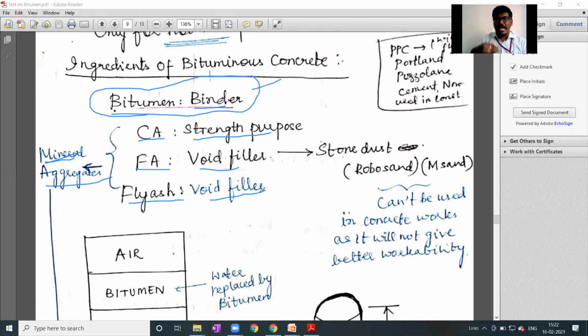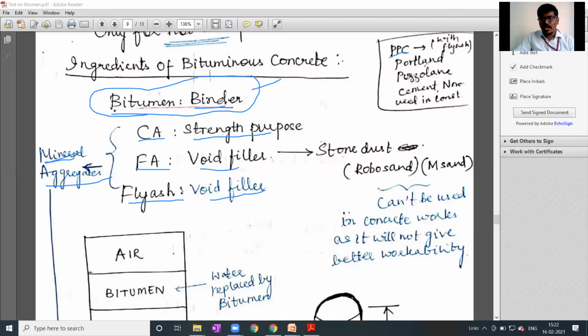Remember, in the exam, if you are asked to explain a brief procedure of the Marshall stability test, you need to start by explaining the materials used. Here PPC, Portland Pozzolana Cement, with fly ash can also be used. Coarse aggregate for strength is the same aggregate you have seen in your laboratory classes.